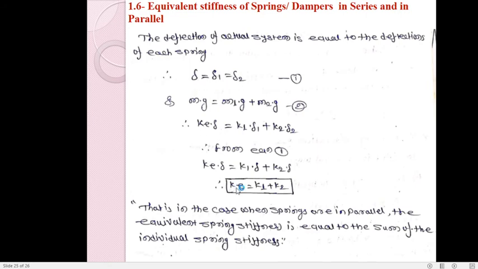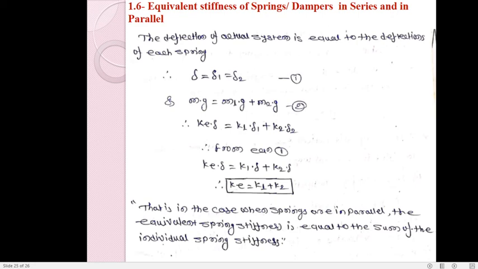Therefore we can cancel delta from all these terms, and we can write ke is equal to k1 plus k2. That is, when the springs are in parallel, the equivalent spring stiffness is equal to the sum of the individual spring stiffnesses. In the previous case the stiffness was found by the summation of reciprocals of the individual springs, and here we can directly take the summation of the individual stiffnesses of the springs.